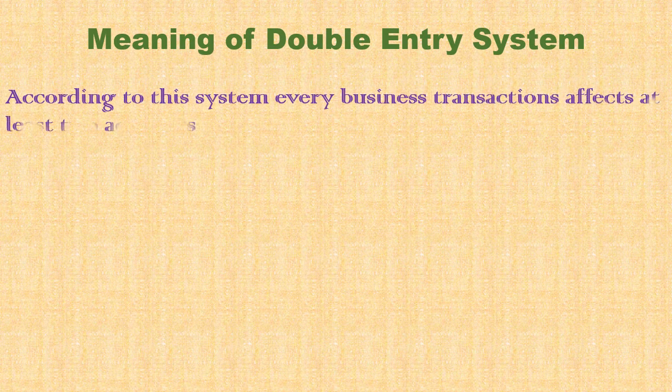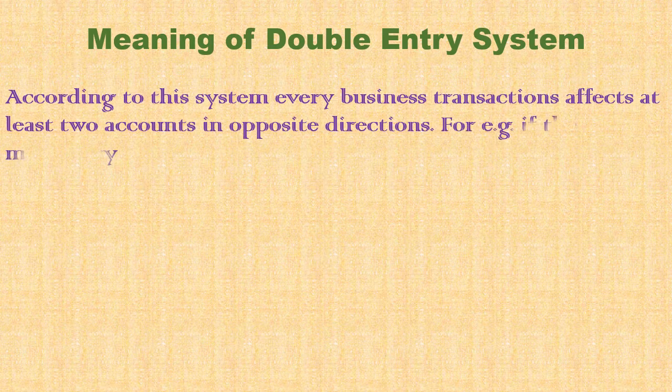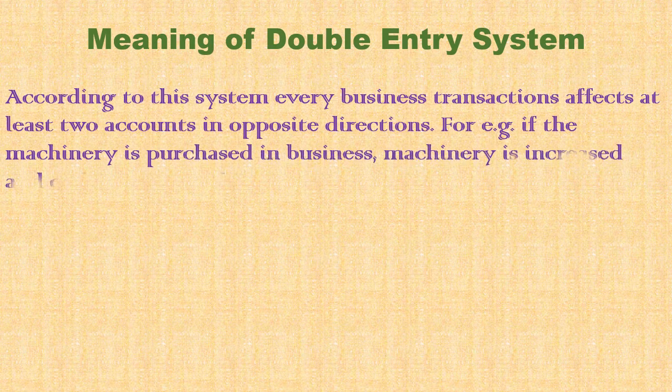According to this system, every business transaction affects at least two accounts in opposite directions. For example, if machinery is purchased in business, machinery is increased and cash is decreased. So in accounting, double entry system means that every business transaction has at least two accounts which will be affected, and both will move in the opposite direction.